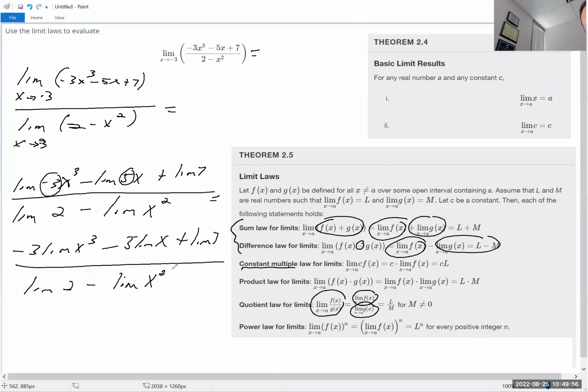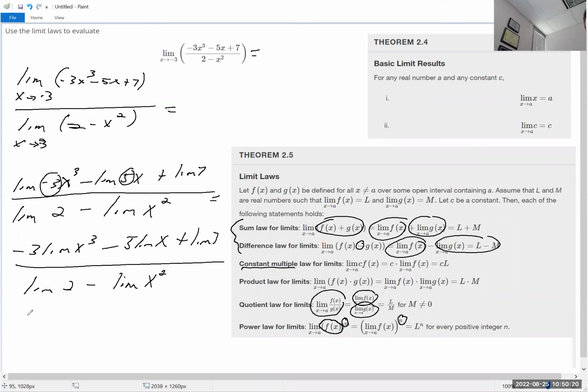Okay, now I want to use the power law, which means that it allows me to take a function raised to some n and to bring the n outside of the limit.